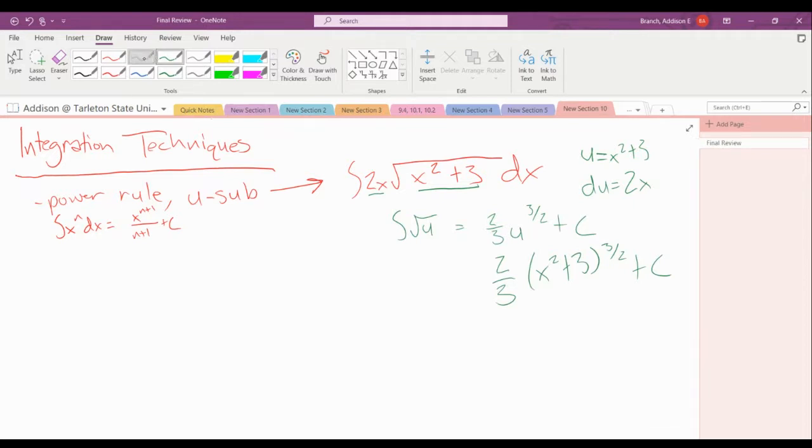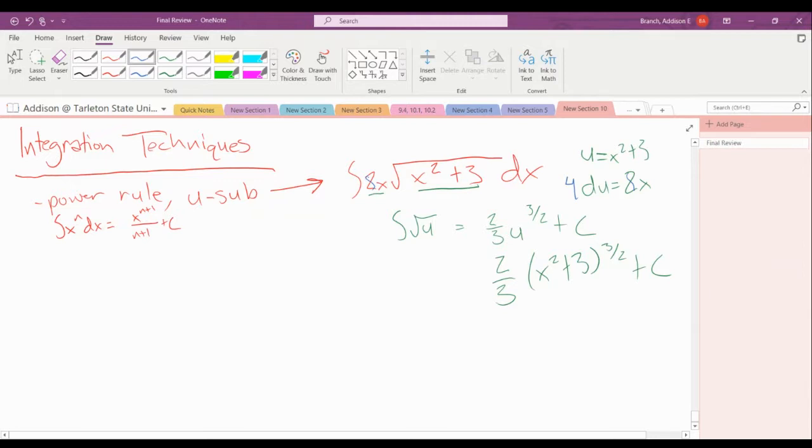For example, on a test they may give you something where instead of a 2, this was an 8. Then you'd have to manipulate that to get to the proper format, for example multiplying by 4 to get that 8. But once again, it's pretty straightforward.